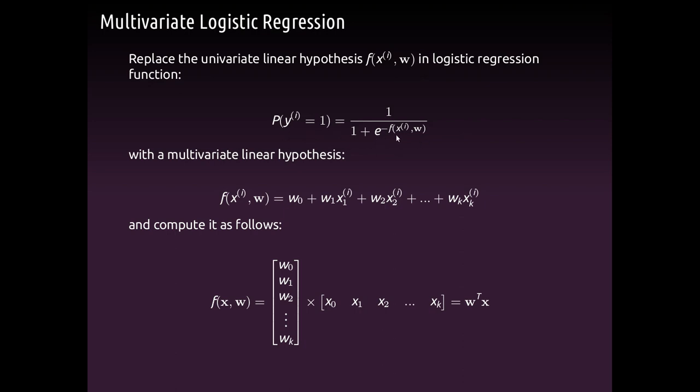So you can replace the f of x super i and w here with more than one predictor from 1 to k, and you can also use the compact form of the linear hypothesis inside your logistic function as w transpose x. And once you use this formula, you can apply it in your logistic regression program, and make use of more than one predictor in order to enhance the generated classifier.